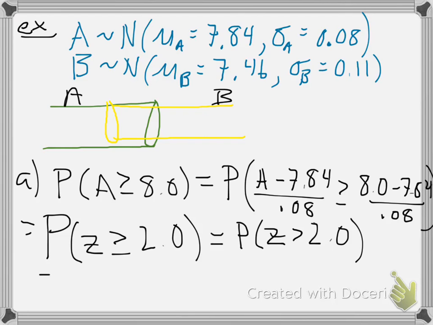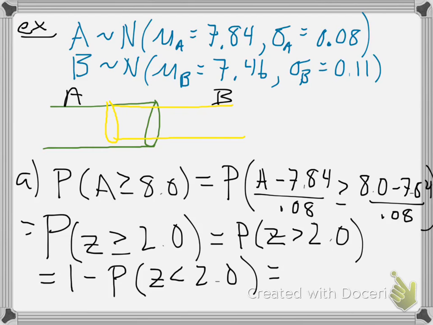And from this, I'm going to use the table. The table always gives me probabilities less than some value of z, so I'm going to have to use the complement rule. And so this is going to be 1 minus the probability that z is less than 2.0.